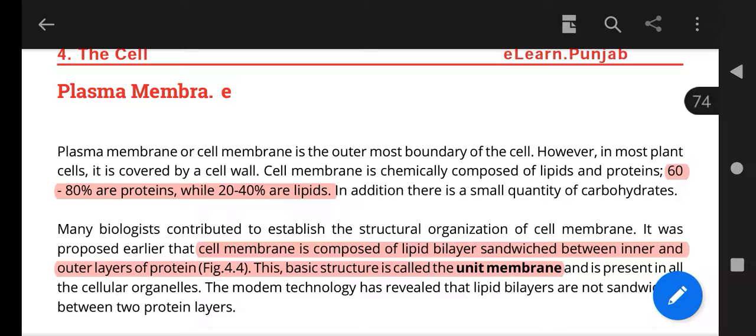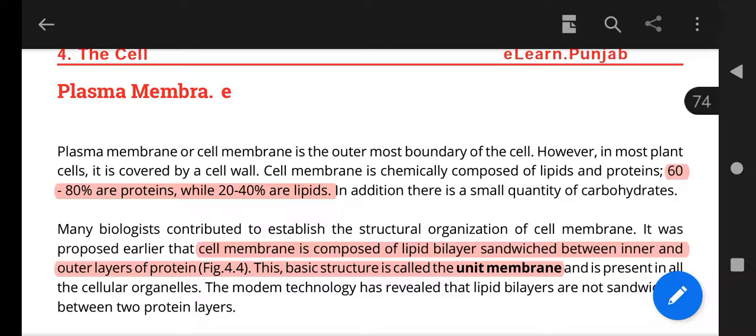After that in this topic we will discuss the functions of the plasma membrane. As I have already mentioned, the plasma membrane allows selective substances to pass through, so it is called the partially permeable membrane.